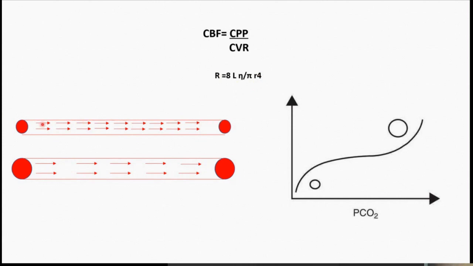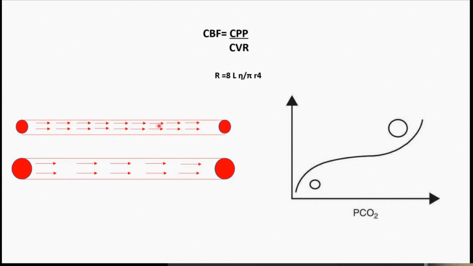Let's see what's happening here. This is a small diameter blood vessel compared to this one. So I assume by definition that the resistance in this one, coming first from the friction of the RBCs, the plasma, the components of the blood with the wall of the blood vessel, and the friction of the components of the blood with each other, will have a higher resistance.